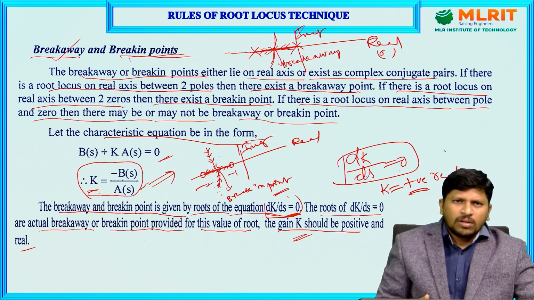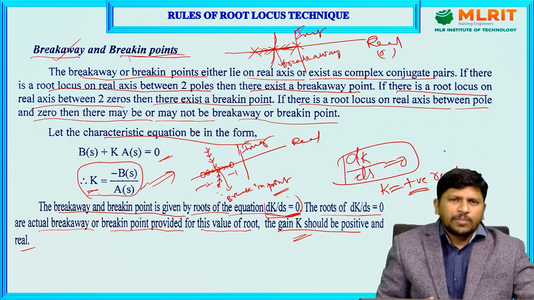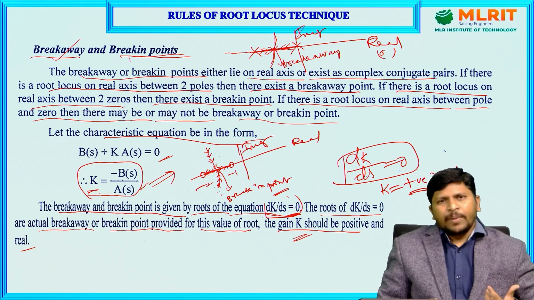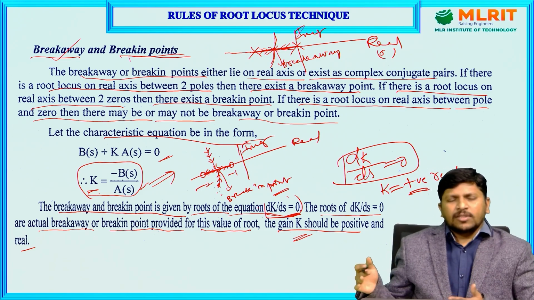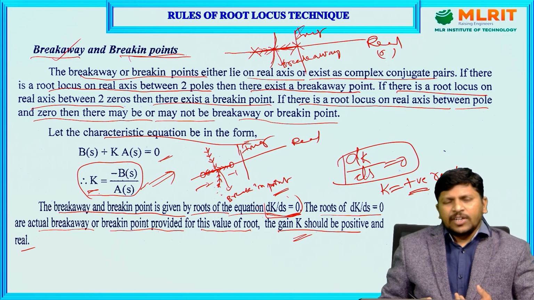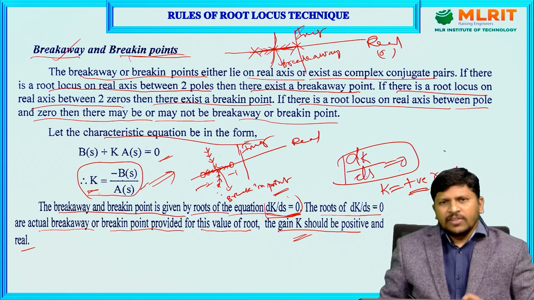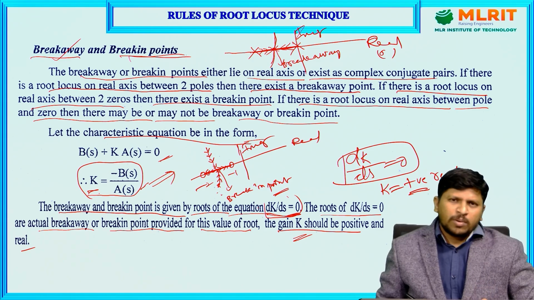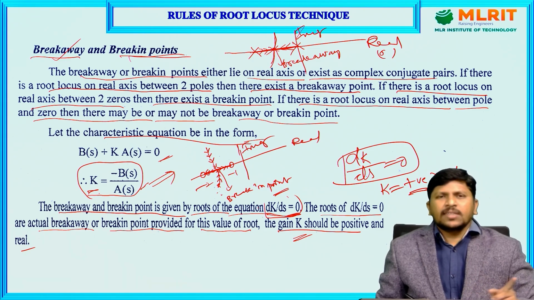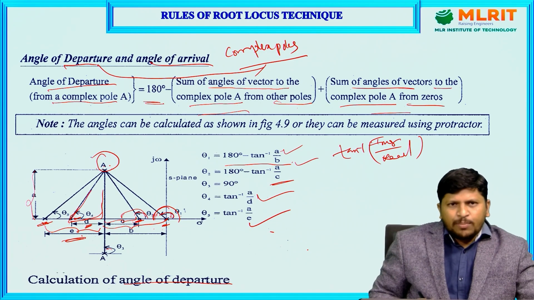So how do we calculate the breakaway and break-in points? Simple. We consider the characteristic equation from the question and write the gain k in terms of s. After that, differentiate k with respect to s and equate to 0, and you will get some values. That k value must be positive. Then that positive value is the breakaway or break-in point.